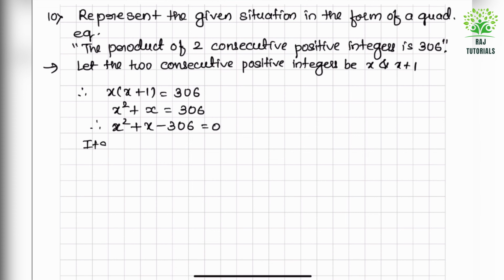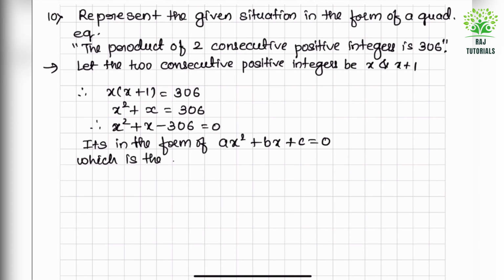It's in the form of ax square plus bx plus c equal to 0, which is the required equation.